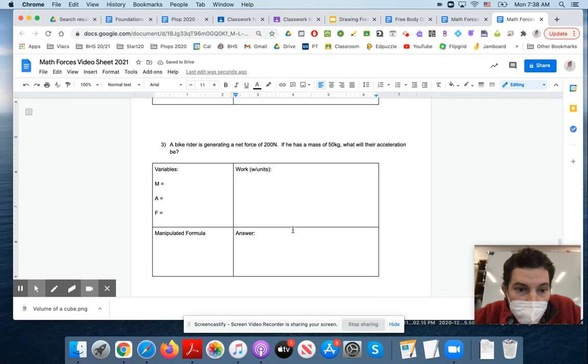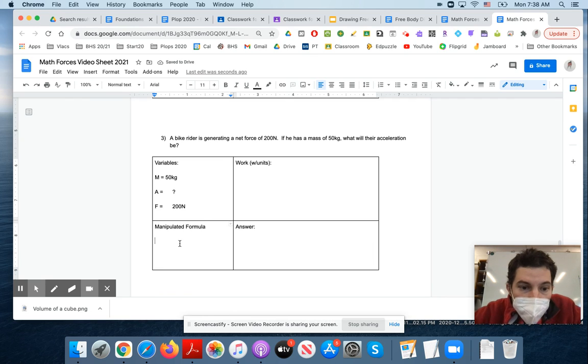All right, last one here. A bike rider generates a net force of 200 newtons. If we have a mass of 50 kilograms, what will the acceleration be? This time we're solving for acceleration. So we know that acceleration equals force divided by mass.